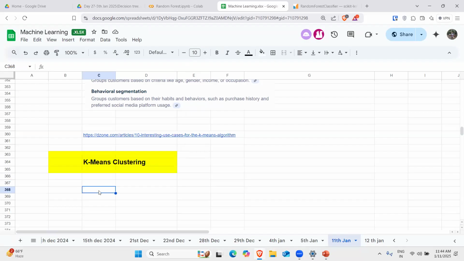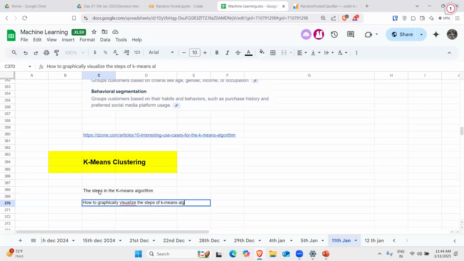In this, we'll learn about the steps in the k-means algorithm. We'll have a look at how to graphically visualize the steps of the k-means algorithm.